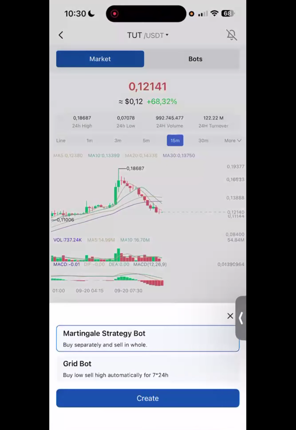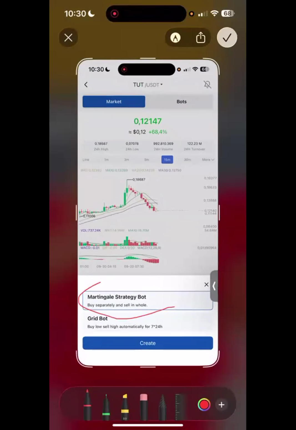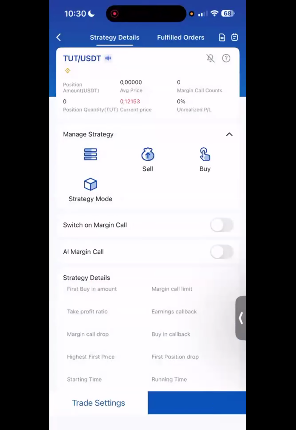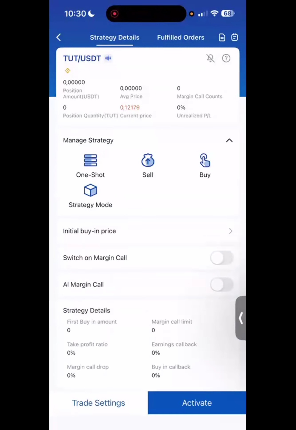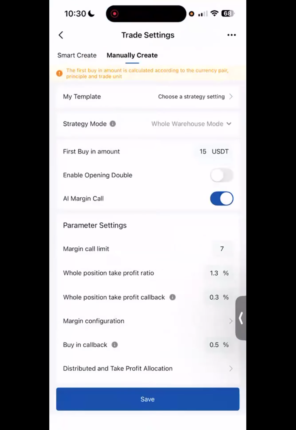Then create. Do you want to choose martingale strategy bot or you want to choose grid bot? Then you choose martingale because that is what we are using as a team, though people have already started trading with the grid bot. Then you go to trade settings, you do whatever settings you need to do, then you save it, then you enter into the trade.